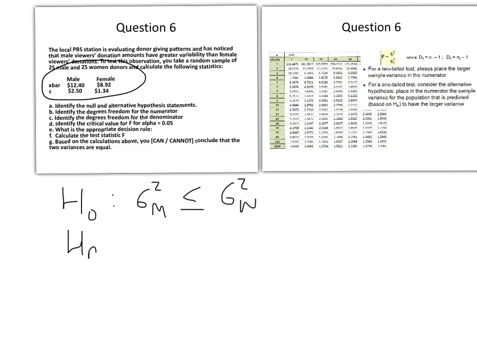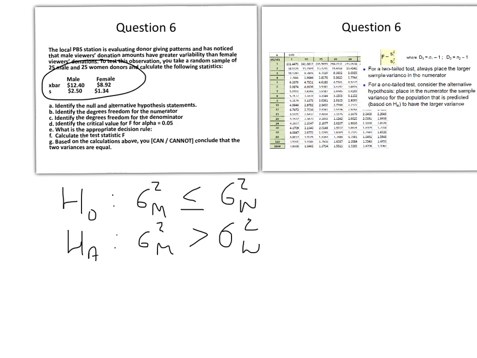And our alternative is going to be the variation for men is greater than that of the variation for women. So those are our hypothesis statements. So we've got an upper tail test here.